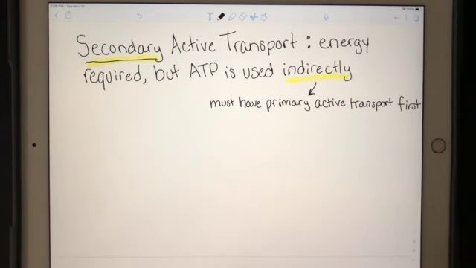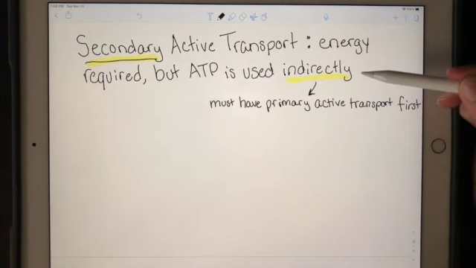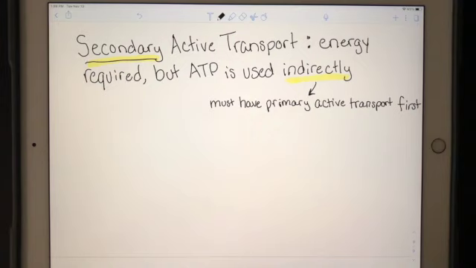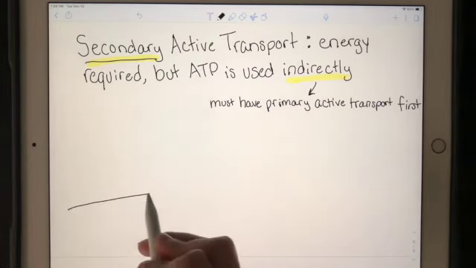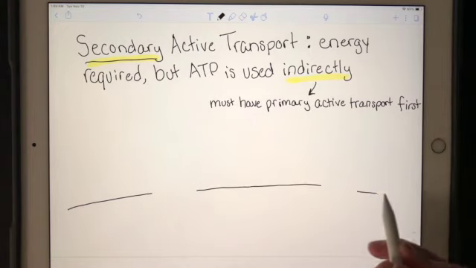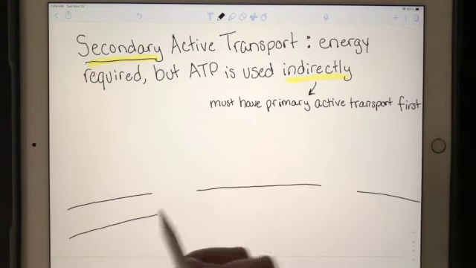And what we mean by saying that ATP is used indirectly is that we must have primary active transport first. So without primary active transport occurring, we're not going to be able to get secondary active transport. So we're going to draw out an example of how primary and secondary active transport work together.